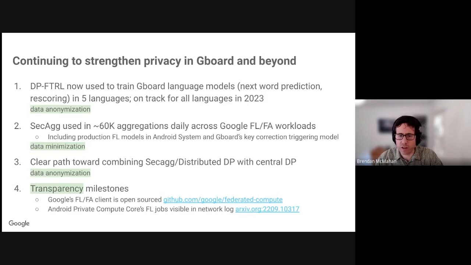We're also interested in extending the data anonymization guarantees, not just to the models released to the model engineer or made public, but actually to an honest but curious server. So this would be the realm of distributed differential privacy. And so we've developed a clear path to combining secure aggregation with distributed differential privacy.